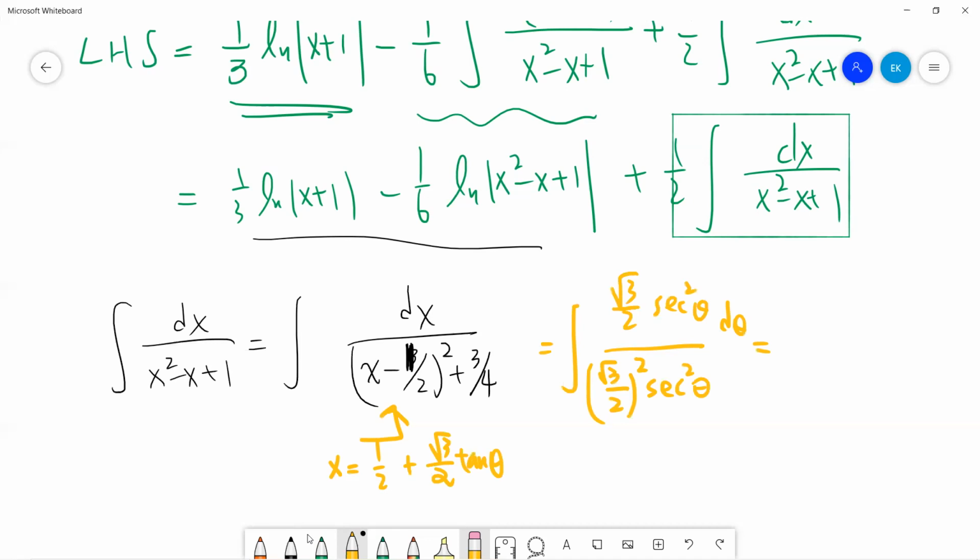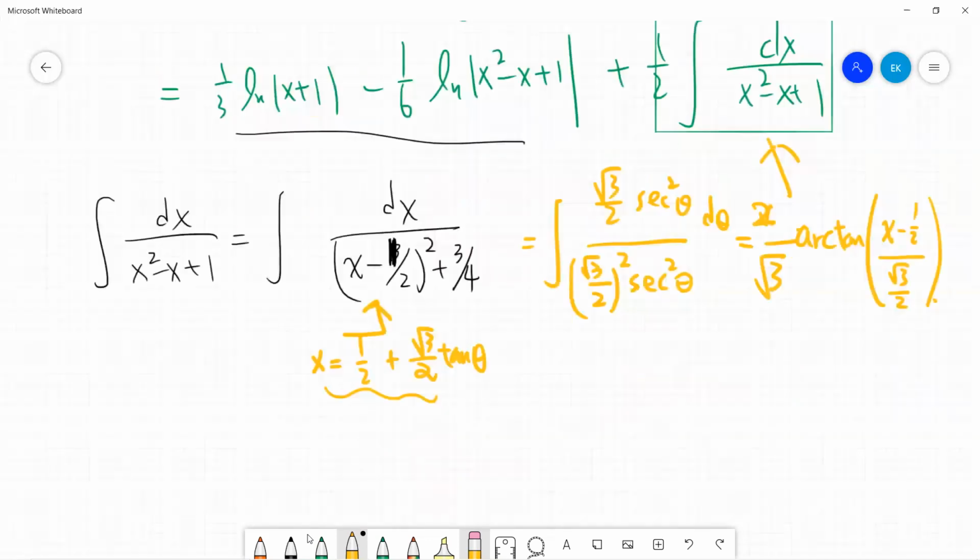So these terms cancel, and you get 2 divided by square root of 3 arctangent. So you need to go back to x, so it should be x minus a half divided by square root of 3 divided by 2. Okay, so you can put it back.